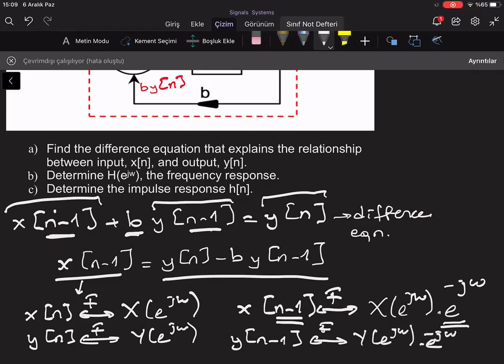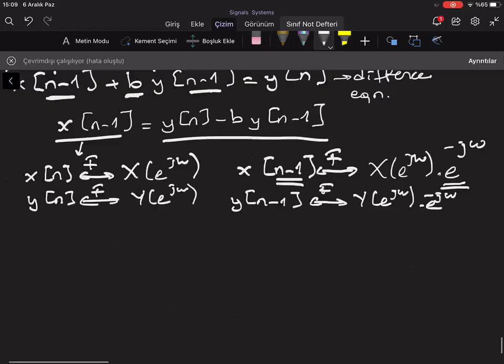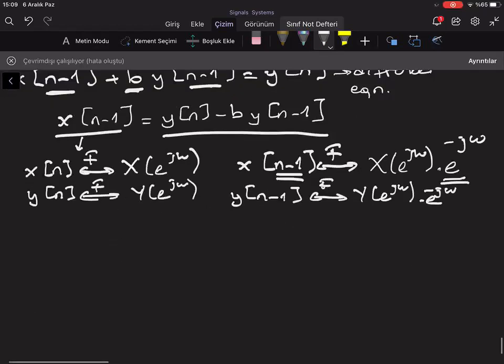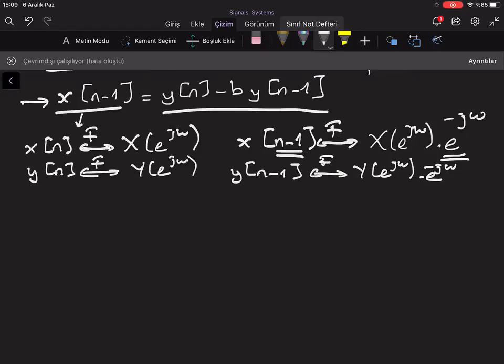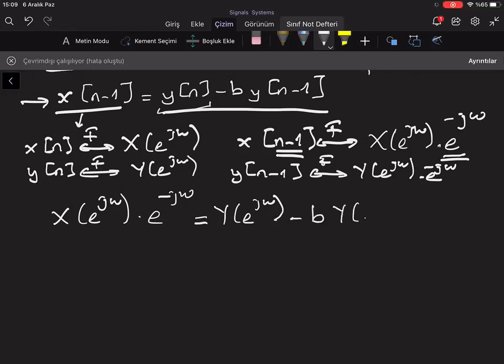Okay, by using this information, now I'm going to focus on this equation, and I'm going to put these findings in: X e to the j omega times e to the minus j omega is equal to, sorry, plus b Y e to the j omega times e to the power minus j omega.